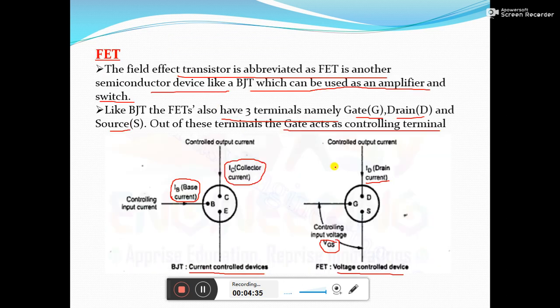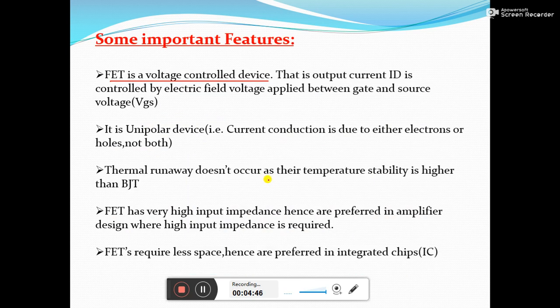As we discussed in the previous slide, the output drain current is completely controlled by the VGS voltage. The same thing is written here: the output current ID is controlled by the electric field voltage applied between the gate and source, that is VGS. That's why it is referred to as a voltage control device. That is the first important feature.